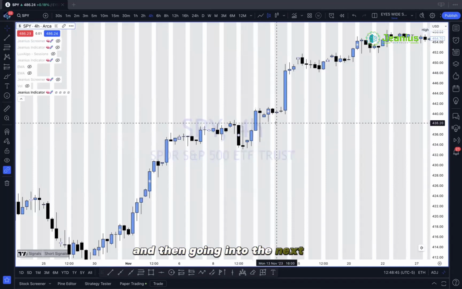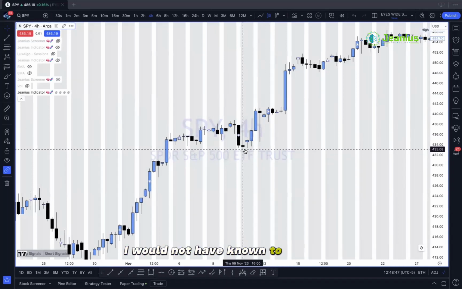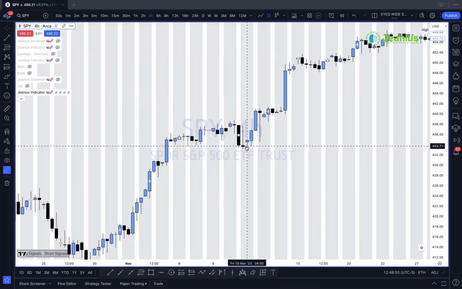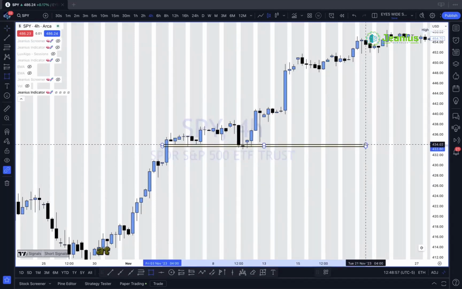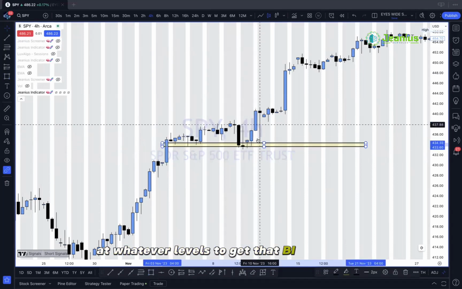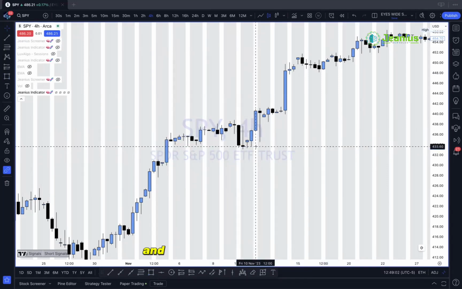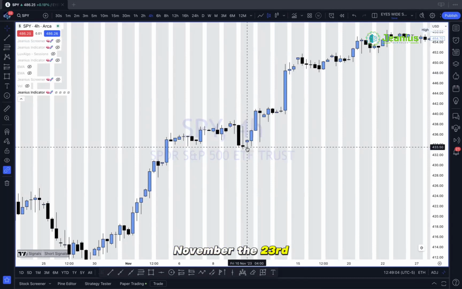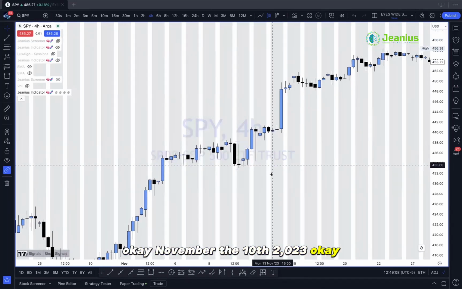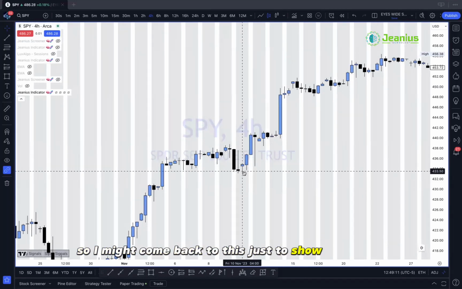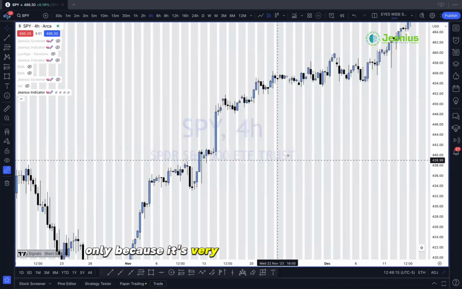Going into the next day, I would not have had that directional bias to watch for entries at whatever levels to get that buy signal here. What day is this? November the 10th, 2023. I might come back to this to show this signal in the aftermarket or pre-market, because it's very important to keep that on.